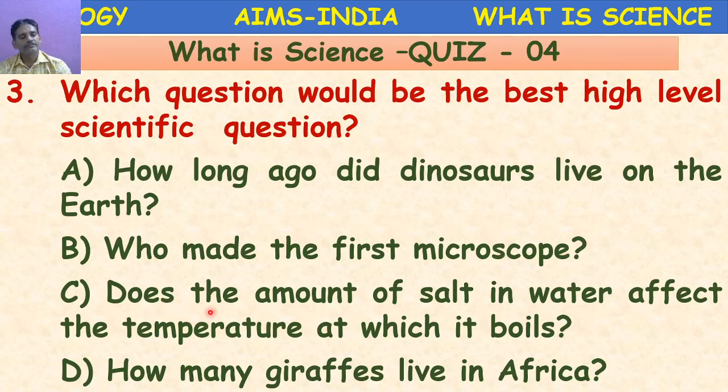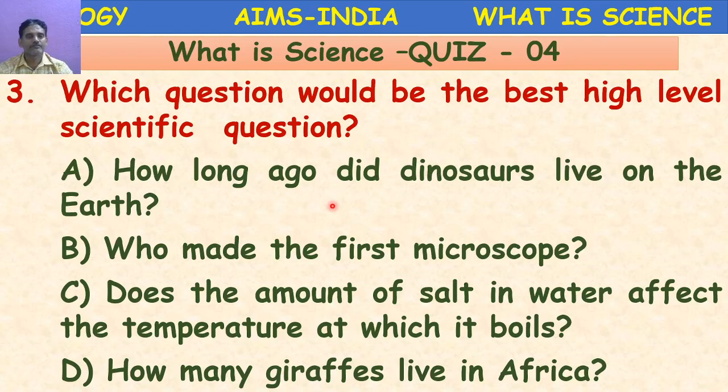Then the third question, does the amount of salt in water affect the temperature at which it boils? And the next question, how many giraffes live in Africa? Out of these four, three are somewhat similar, but one question is the best question. Which is the best question?